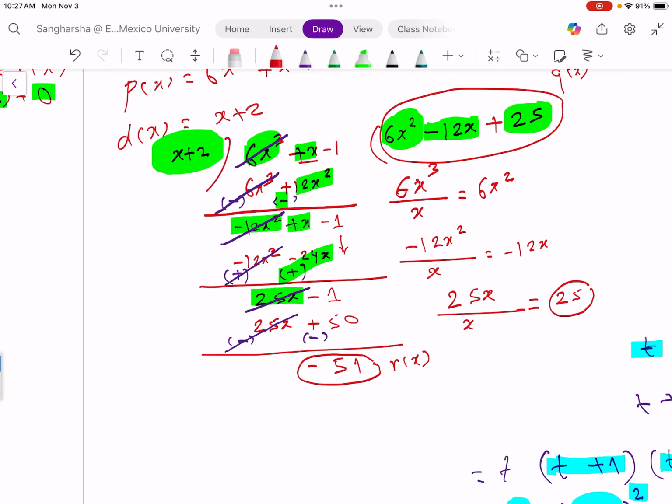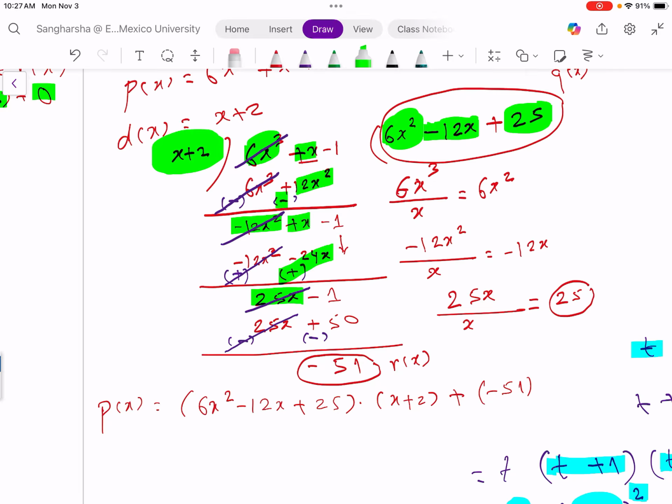Okay, and we can write our p of x. So let's rewrite our p of x. So p of x is quotient times, so let's write down quotient, which is 6x squared negative 12x positive 25, times divisor, which is x plus 2, plus remainder, which is negative 51.